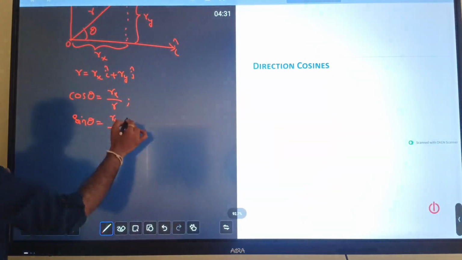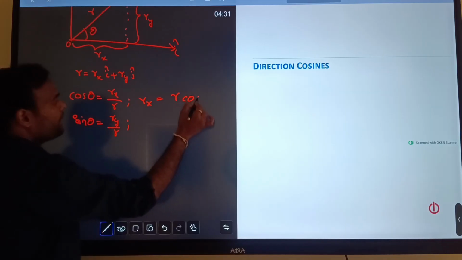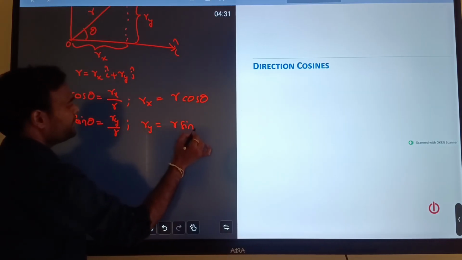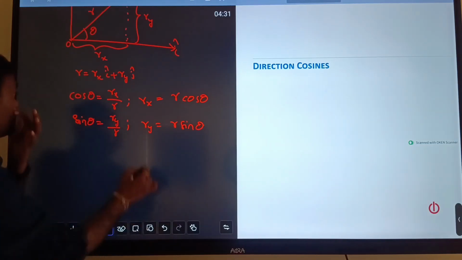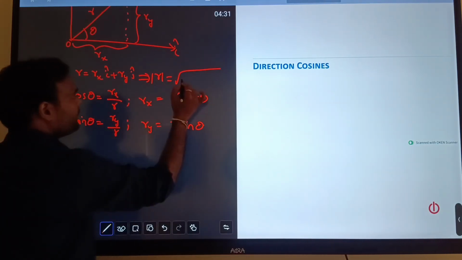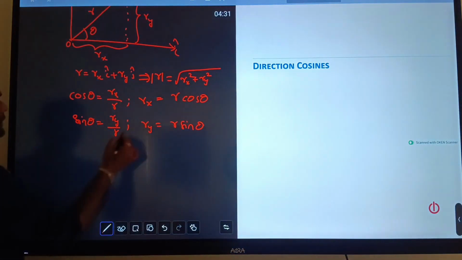Next point, similarly we can say rx is equal to r cos theta, ry is equal to r sin theta. And again see here, the magnitude of this vector is under root of rx square plus ry square.